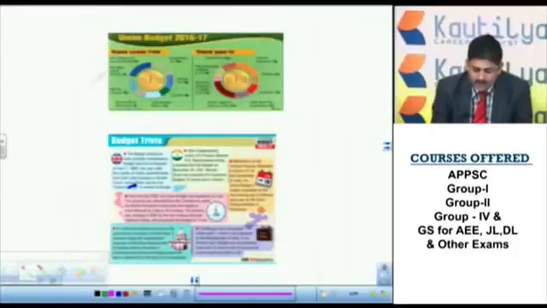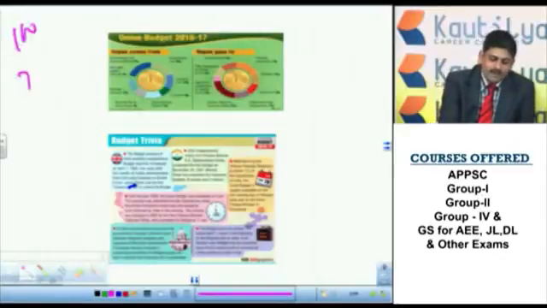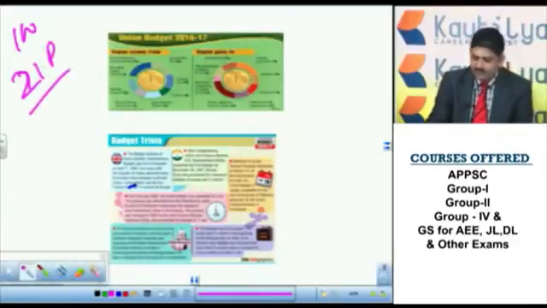If you see here, borrowings and other liabilities, that means the government of India will bring in money. How much? For every 100 paisa, 21 paisa it brings. Now how will they ask a question on this particular issue?